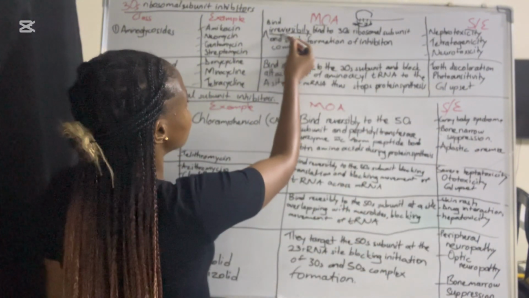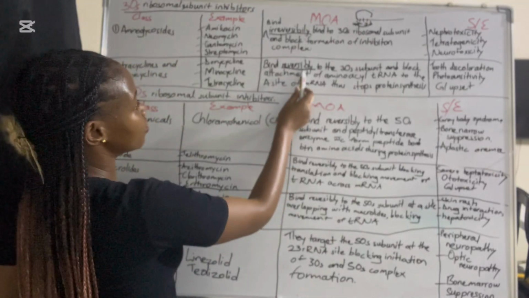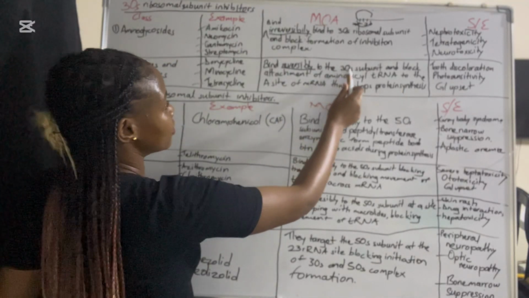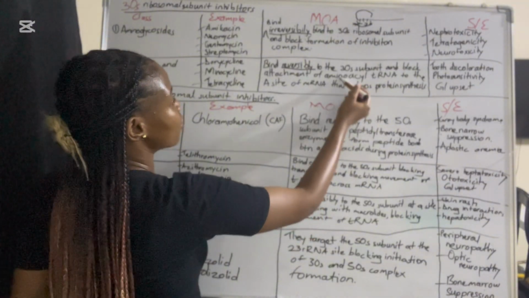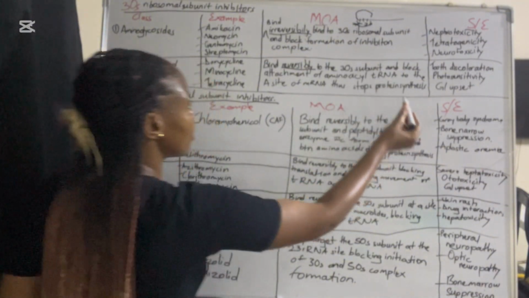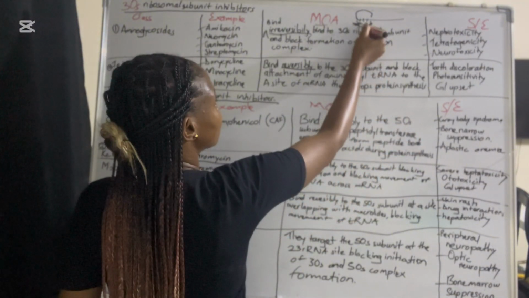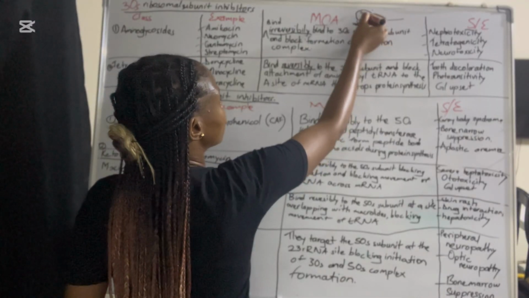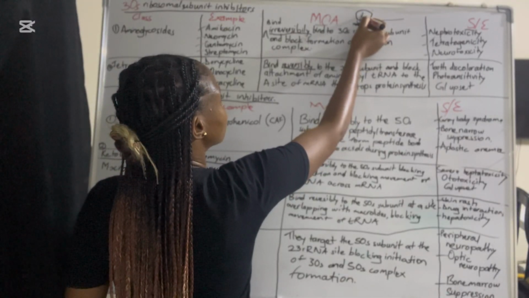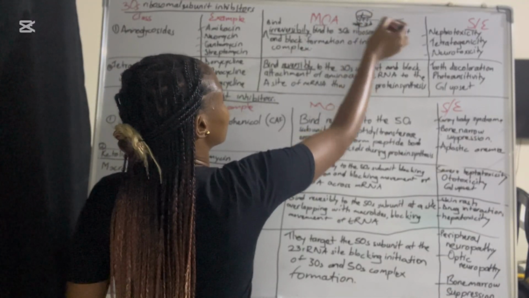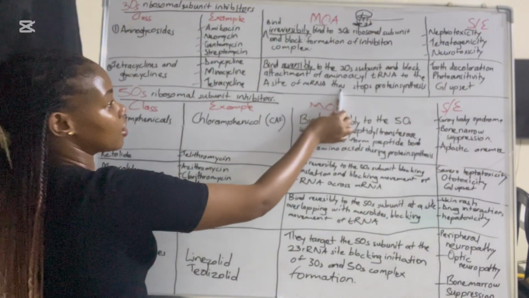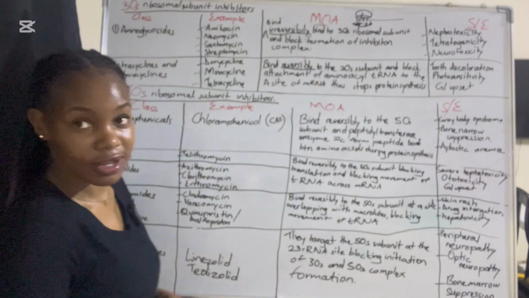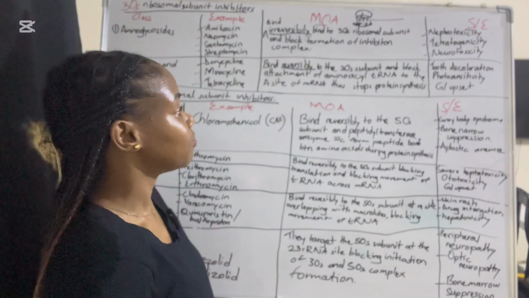These ones bind irreversibly, these ones bind reversibly, to the 30S ribosomal subunit and block attachment of the transfer RNA. When they bind onto the 30S ribosomal subunit, they are going to prevent the binding of the transfer RNA to the A site of the messenger RNA, thus stopping protein synthesis.